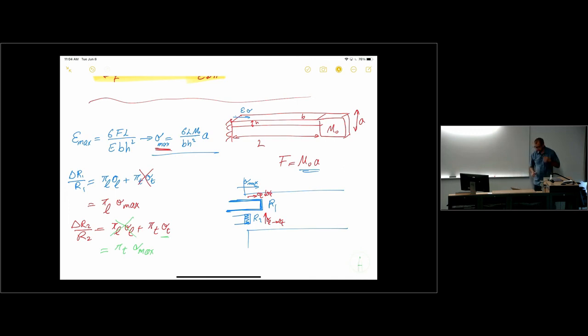And all that is remaining is to go and find values. I have sigma max value from here, and pi L and pi T values are given. I unfortunately don't have the final answers here.